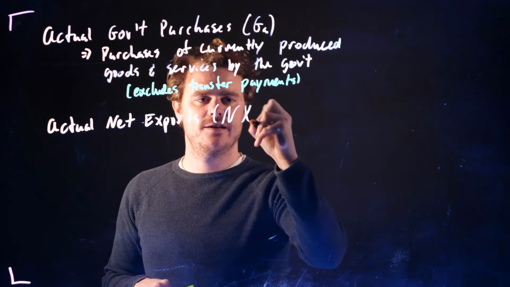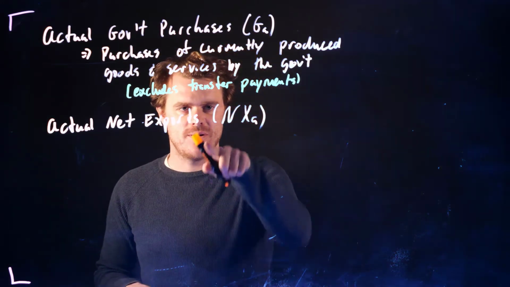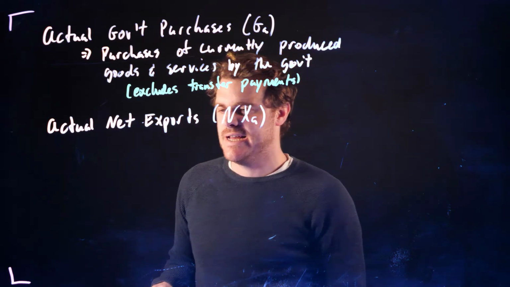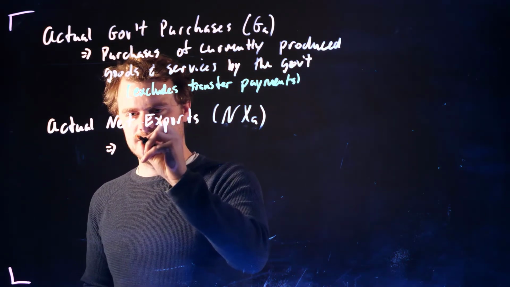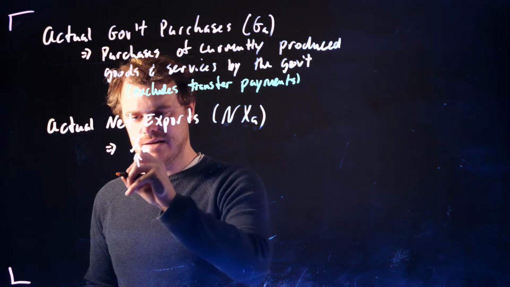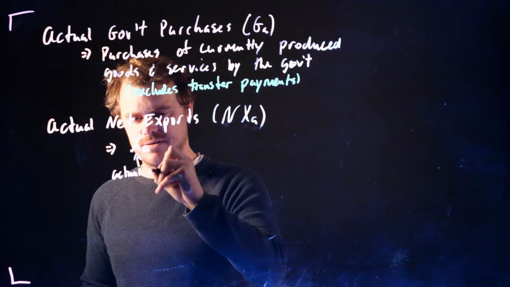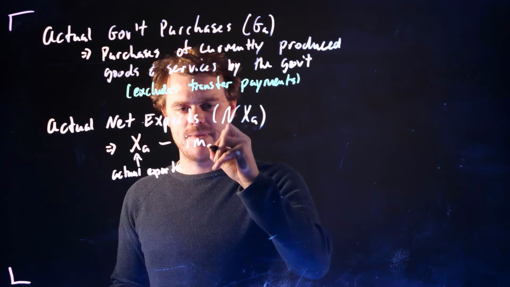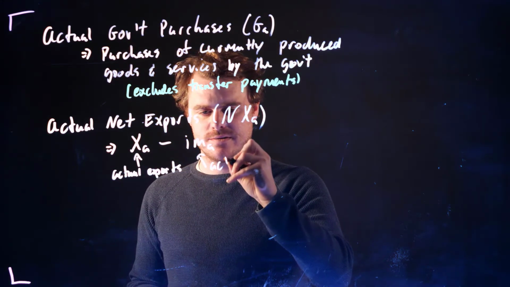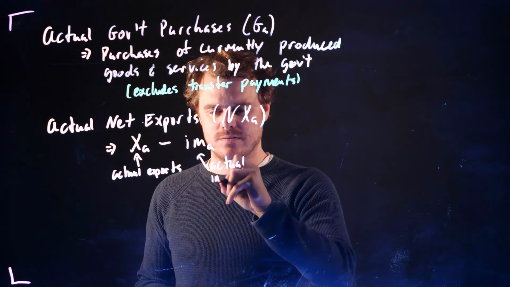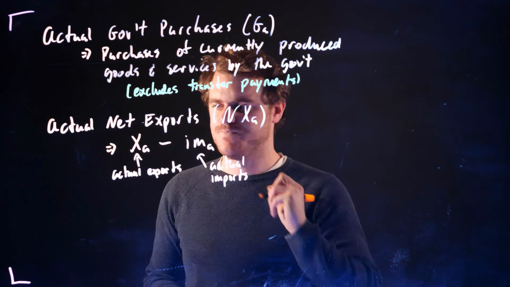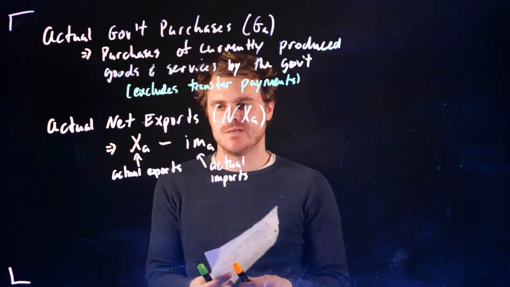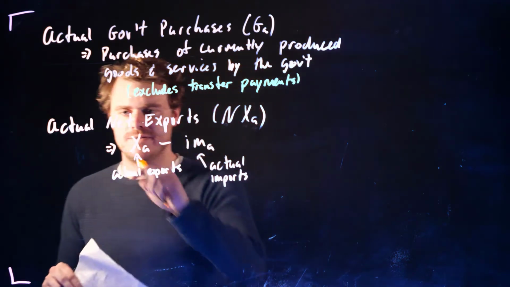And the final is actual net exports, NXA, so NX for net exports and A for actual. This is going to be actual exports minus actual imports. That's what actual net exports is made up of.